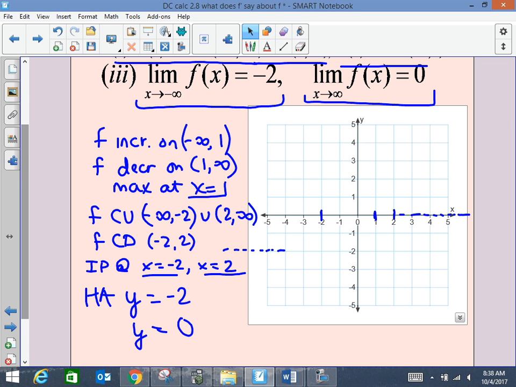Let me give this back to you so I don't. There's not really a right, but there is a wrong.